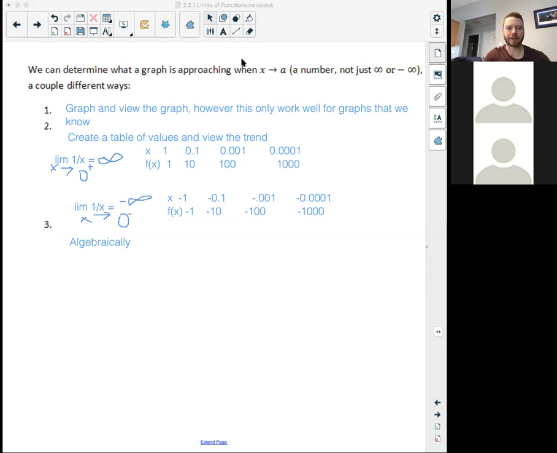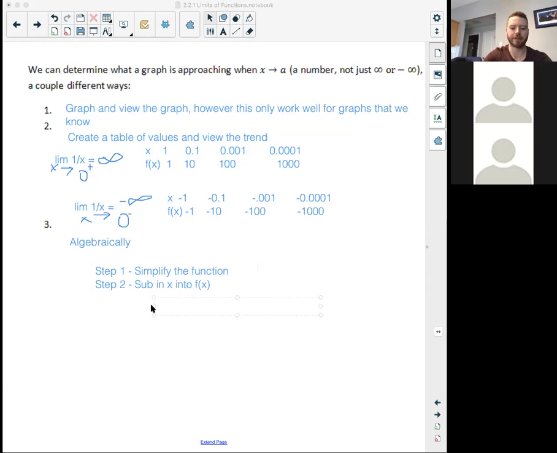Okay, and then this is going to bring us to the last strategy, which is solving it algebraically. So we're going to have 2 steps to this. Step 1 is to simplify the function. And then step 2, we're going to sub x into f of x.